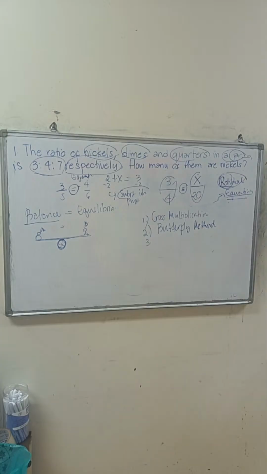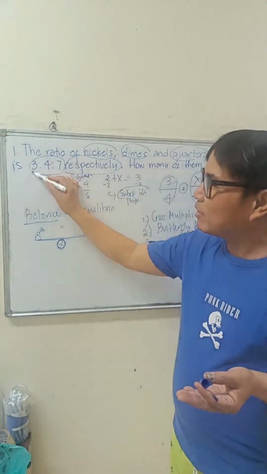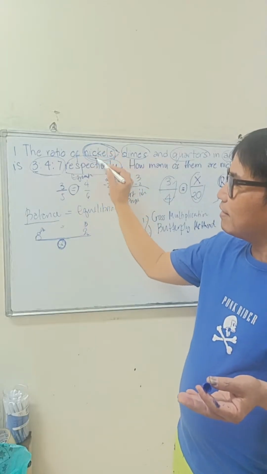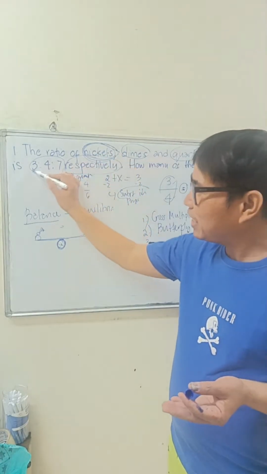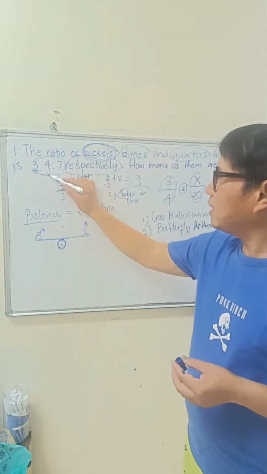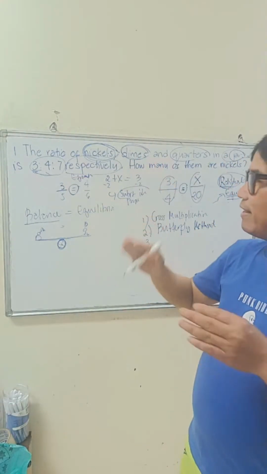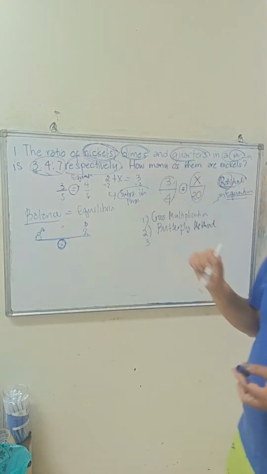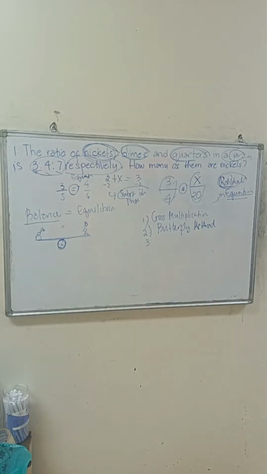You get the point? So when we say respectively, that would mean that the first appearance of 3 corresponds to the first enumeration in our first sentence. So this is the nickel, 3. Then consecutively, the 4 is for the dime. And then consecutively, 7 is for quarter. So we need to say this is a consecutive and successive enumeration of something.